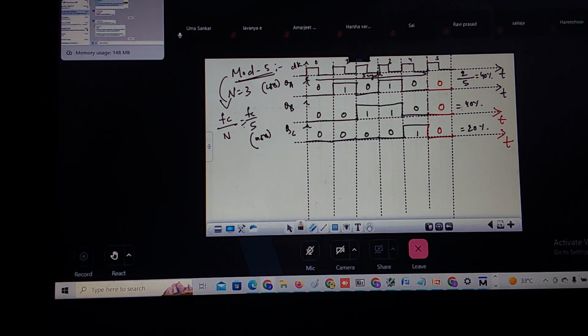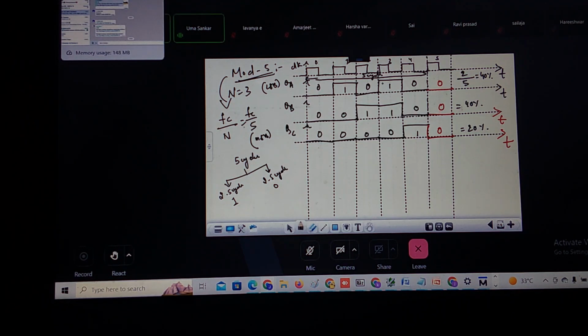Out of 5 cycles, I make 2.5 cycles 1 and another 2.5 cycles 0. Then it will be a 50% duty cycle.